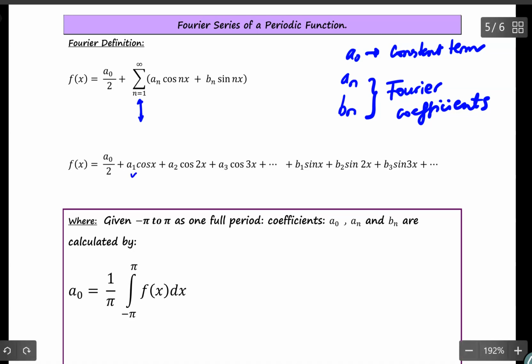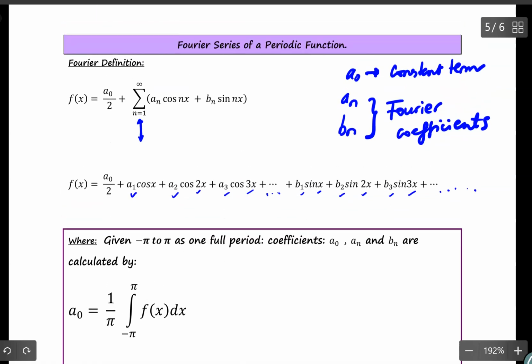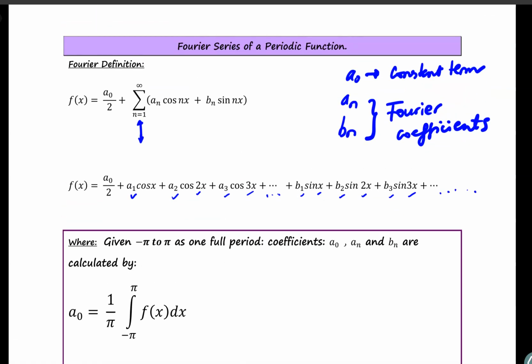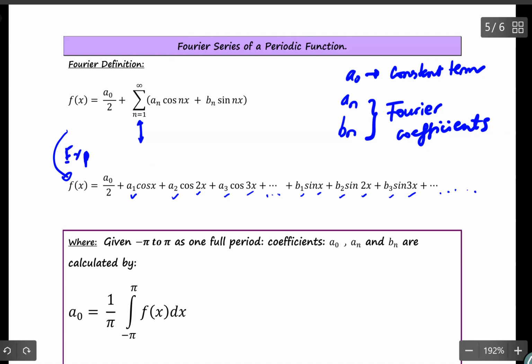See here, n equal to 1, you have cos of 1x. If n equal to 2, you have cos of 2x. If n equal to 3, you have cos of 3x, and so on. And then I have b1 times sine of 1x, b2 times sine of 2x, b3 sine of 3x, and so on. Alright? Okay. So this is the expansion of Fourier series.